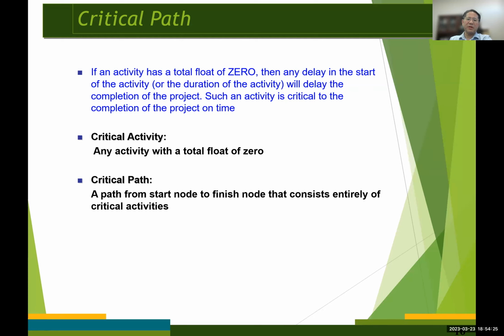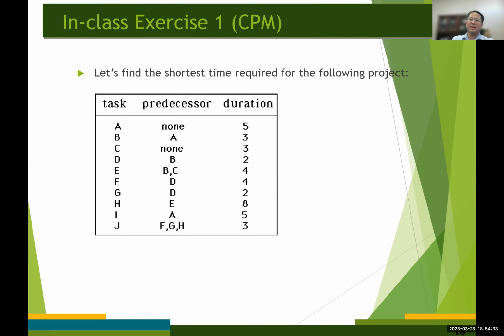Okay, so these were what we discussed last time, right? And now let's consider another simple example, okay? Here, a list of activities, their predecessors, and the duration of each activity is given in this table, right?